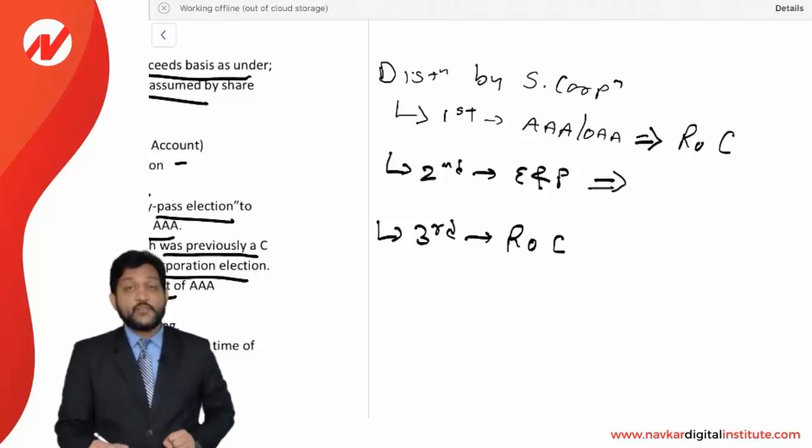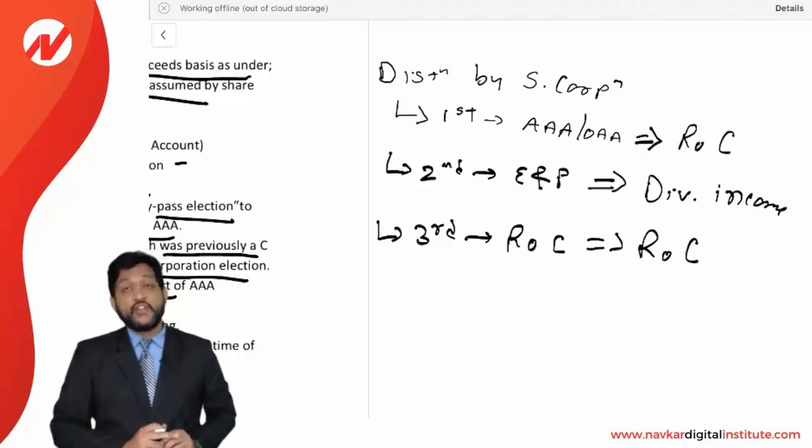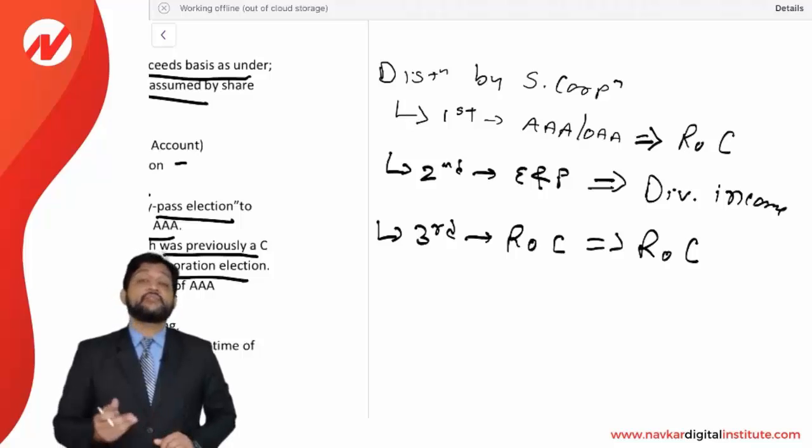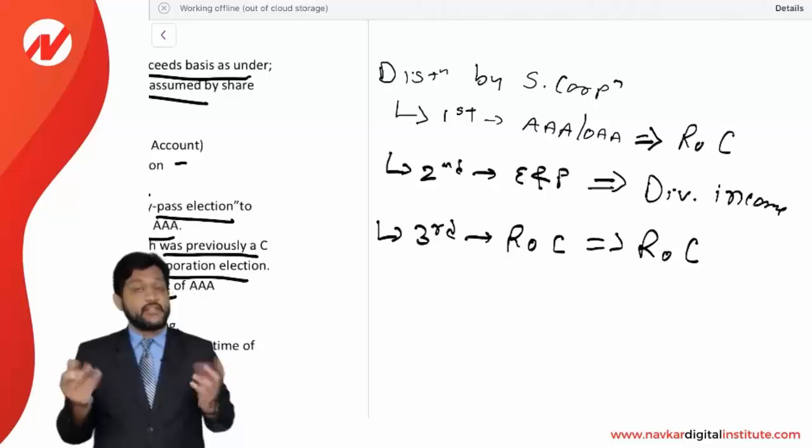Whatever distribution is from earning and profit, it is taxable as a dividend income to the shareholder, and this is obviously return of capital. So treatment is given like this. Distribution from AAA or OAA is considered as a return of capital. Distribution from ENP is considered as a dividend income, and the remaining distribution is considered as a return of capital. That's the same treatment.